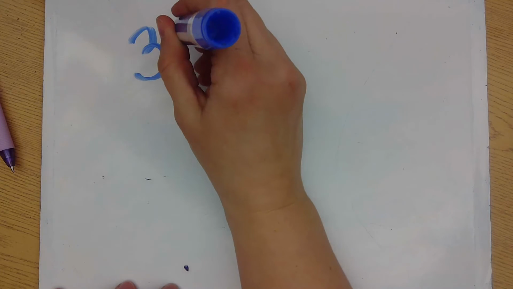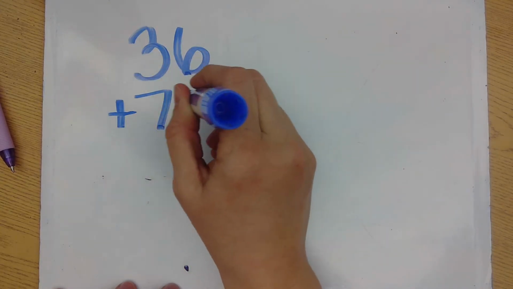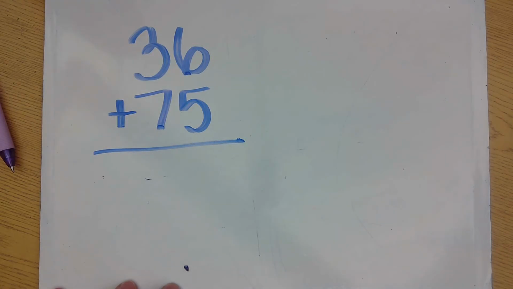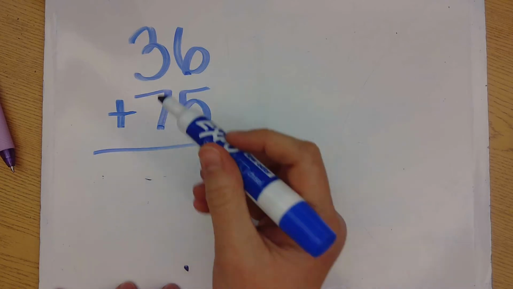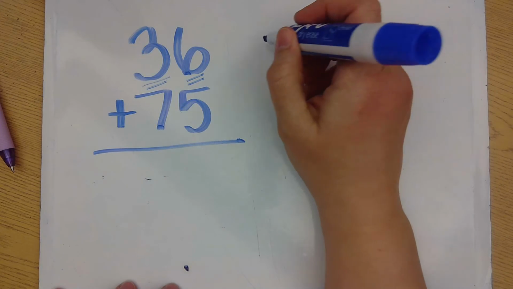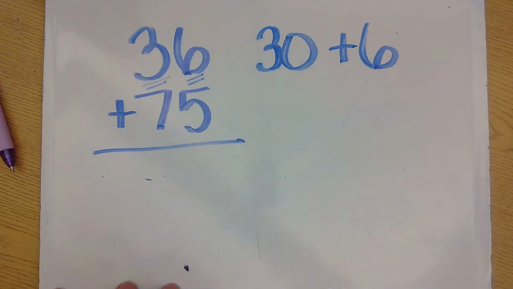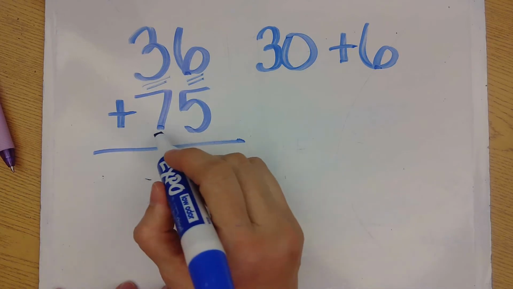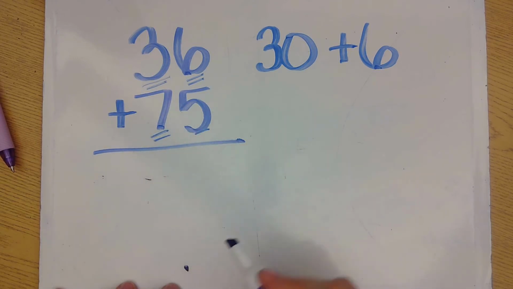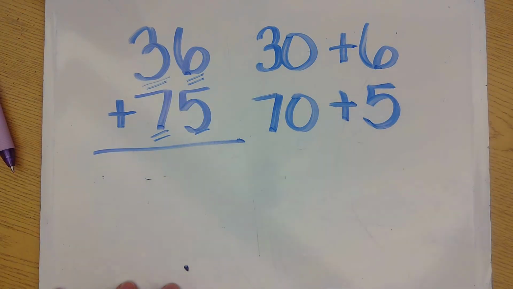On your whiteboard, I would like you to write down 36 plus 75. We're going to be using expanded form to help us find the answer to this problem. When I expand 36, that would be 30 plus 6. If I expand 75, that would be 70 plus 5.